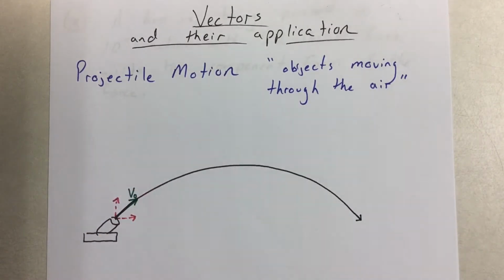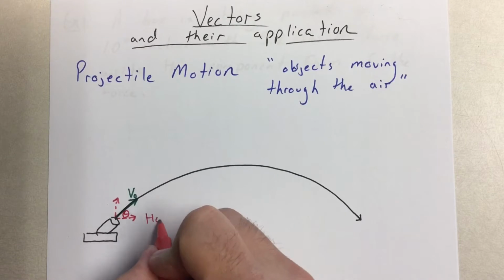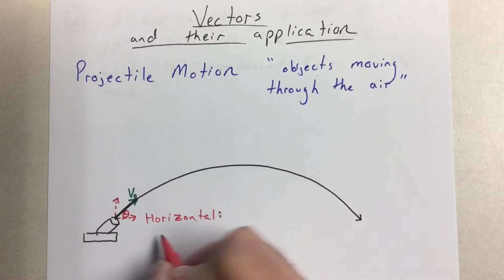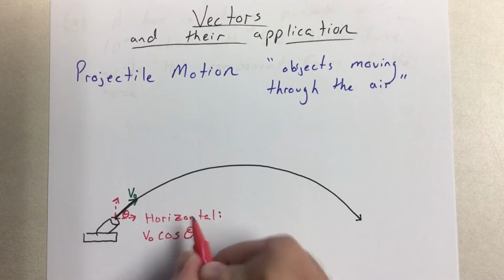Okay? So we have an angle. Again, we're often told the angle that the object is being launched at. Here, our horizontal component will be the magnitude of the initial velocity multiplied by cosine of our angle.